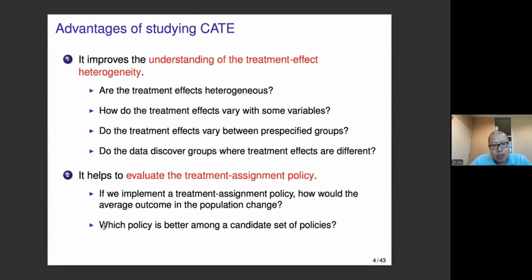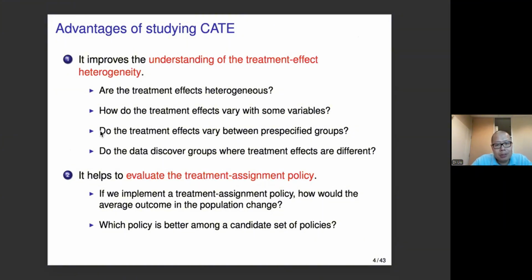The main advantages of learning treatment effects are the following. First of all, it improves the understanding of treatment effect heterogeneities. We can ask different questions. The first one is, are the treatment effects really heterogeneous? We can also ask, how do the treatment effects vary with some variables? Because we have the function of the treatment effect, we can ask how treatment effects change when X changes.